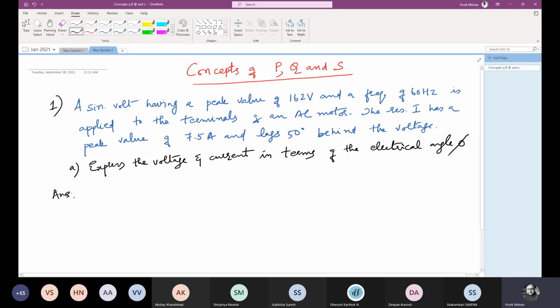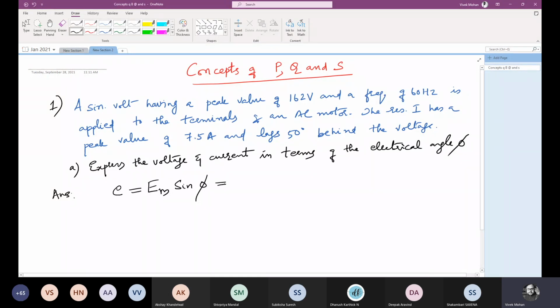Now I will ask you, if I'm assuming that the voltage waveform starts at 0 and increases positively with time, and I'm going to represent the instantaneous voltage E as some Em sin phi.